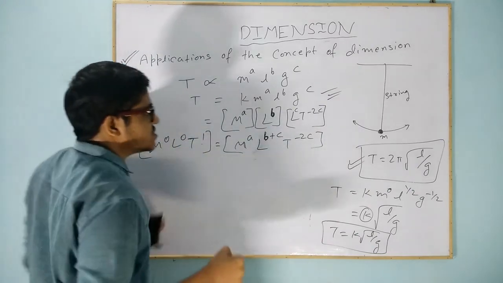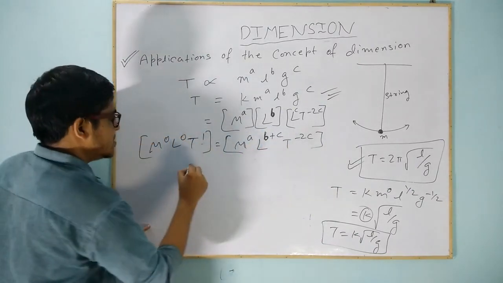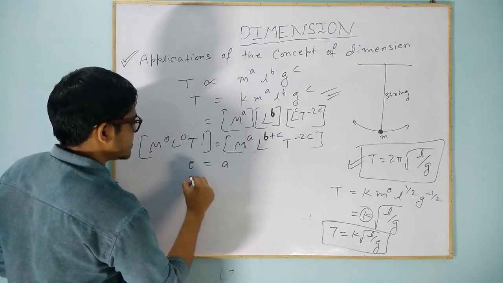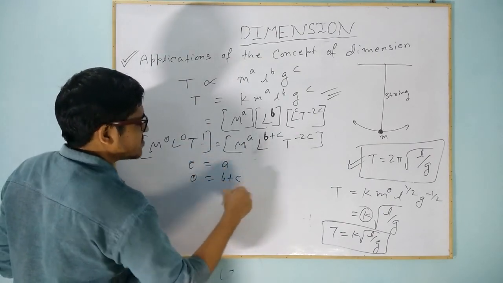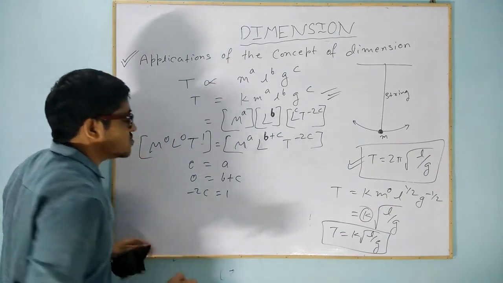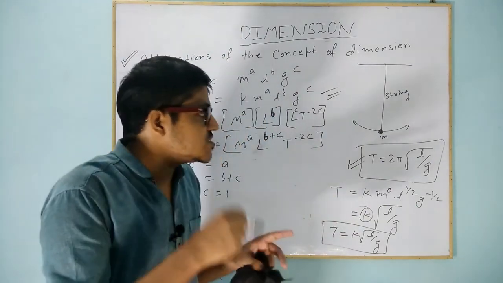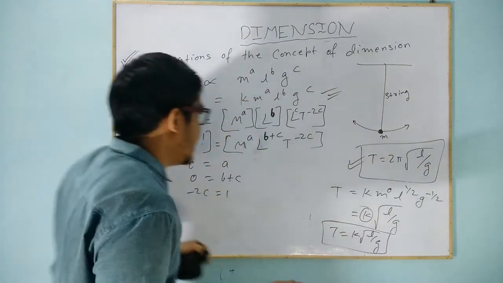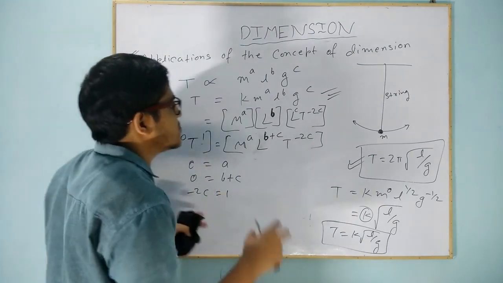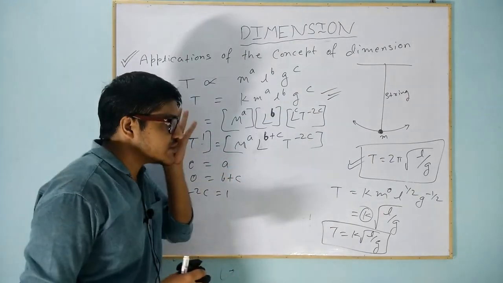So we had 3 equations and 3 unknowns, A, B, and C. The first was 0 equals A. The second was 0 equals B plus C. And the third one was minus 2C equals 1. So you can apply the concept of dimensional analysis to deduce a relationship only if you have as many variables as the number of equations available. This is the third limitation of dimensional analysis.